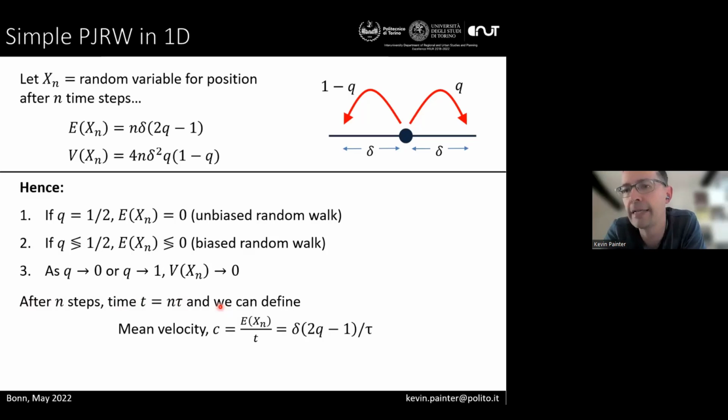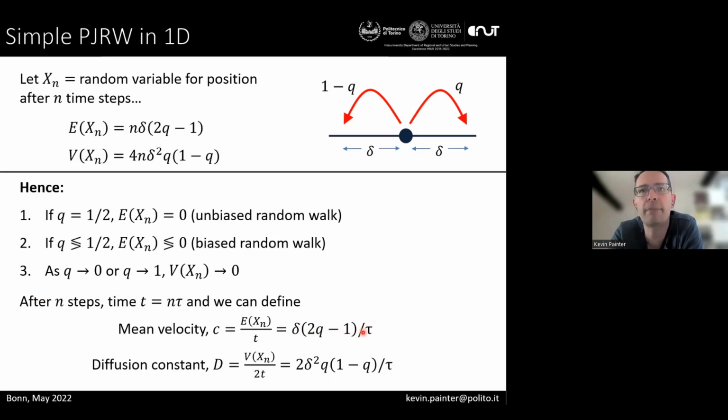And we can calculate the mean velocity of my particle. That will be simply the expected location after n time steps divided by t. And that gives me a quantity delta(2q minus 1) over tau. And we can describe a diffusion constant for this in terms of the variance. And that gives me this formula here.